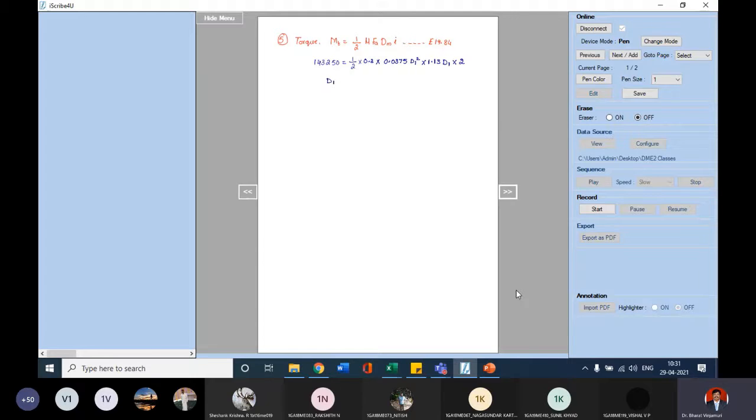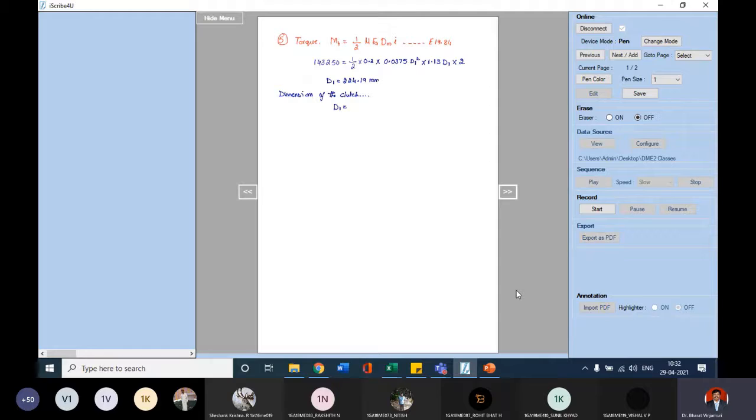So you'll end up finding the value of d1. How much is the d1? Find the d1. d1 is 224.19 mm. This is the d1.